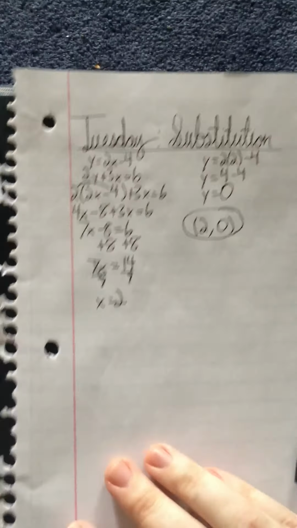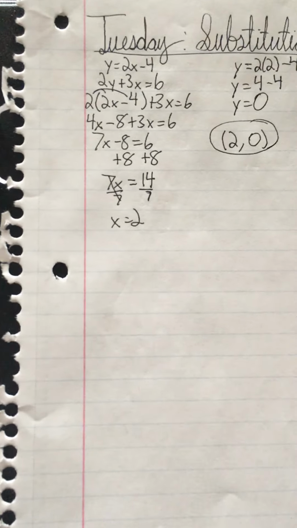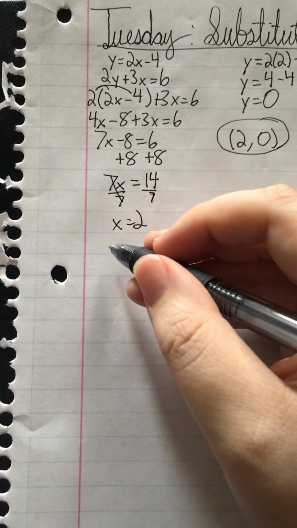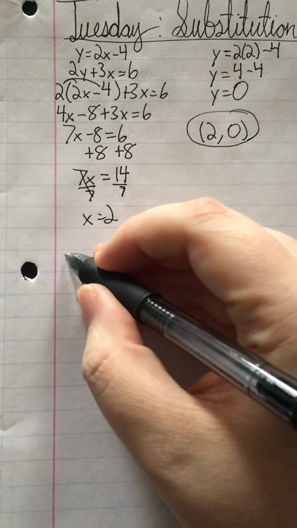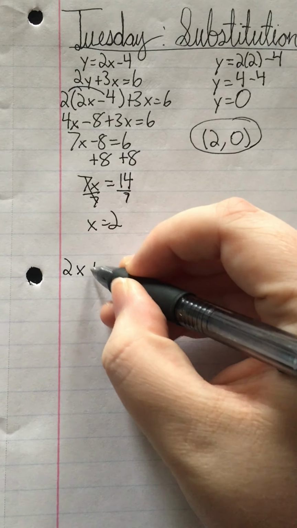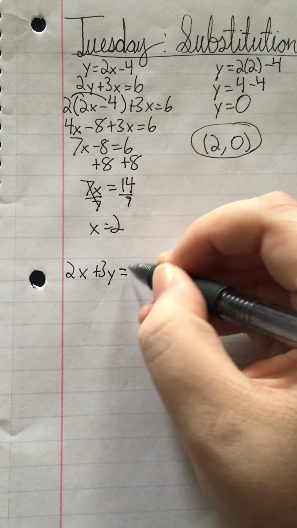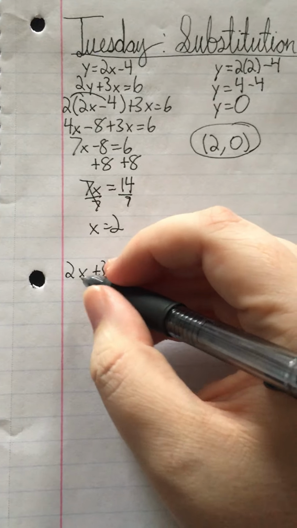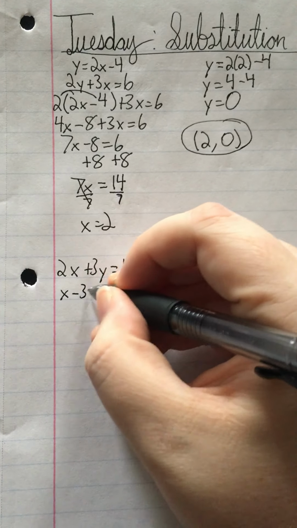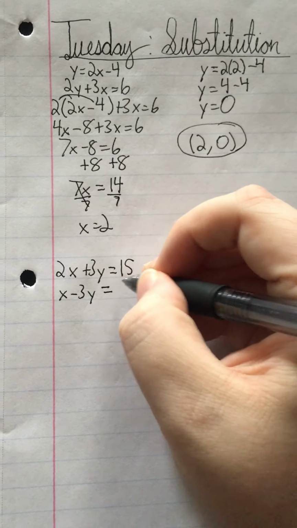All right. For our next one, I'm thinking of doing 2x plus 3y is equal to 15, and x minus 3y is equal to 3.